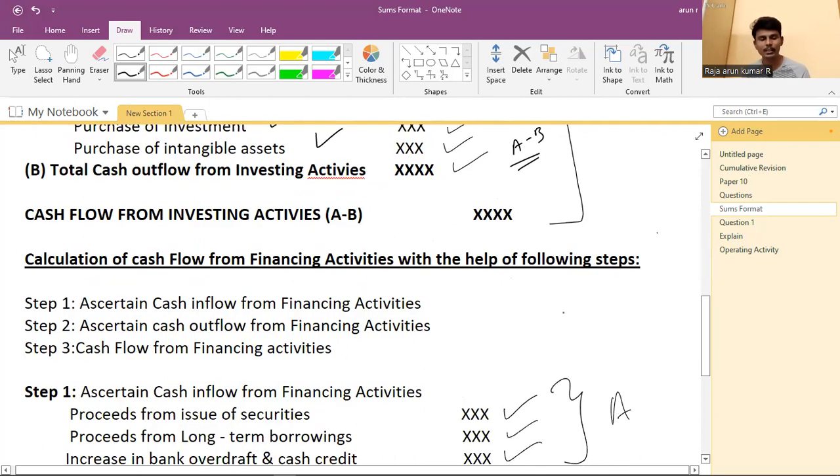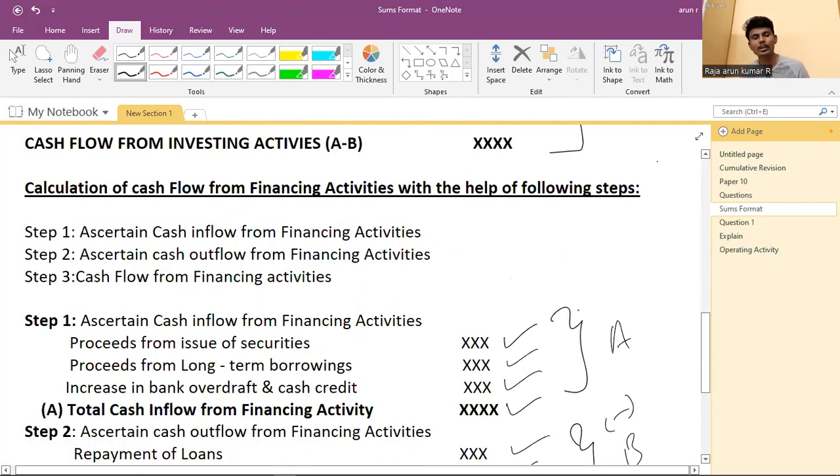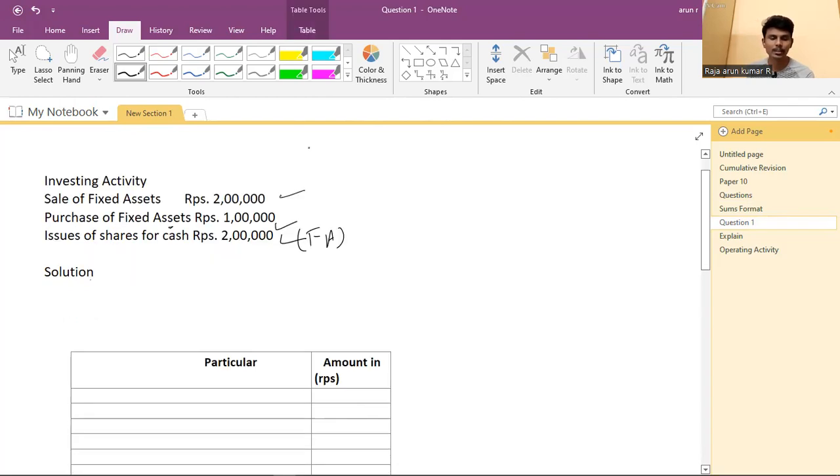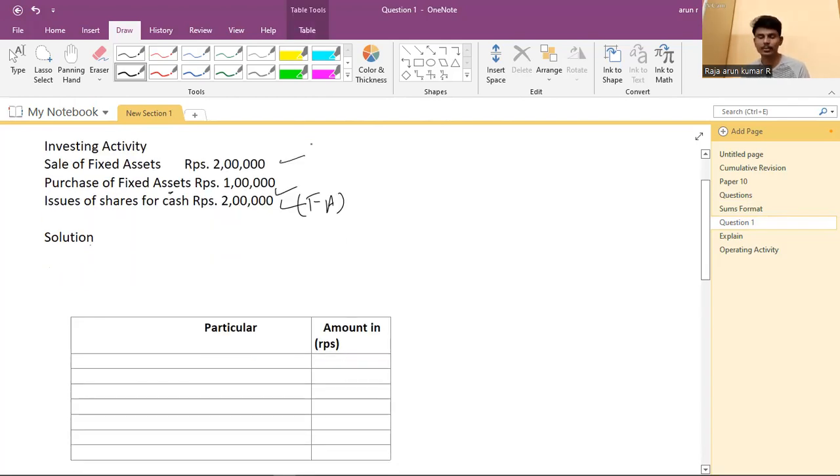Okay, then go to the cash flow from financing activity. Before that, we do some sums for investing activity also. Here I gave an example sum. Sale of fixed asset is 2 lakh. Purchase of fixed asset is 1 lakh.